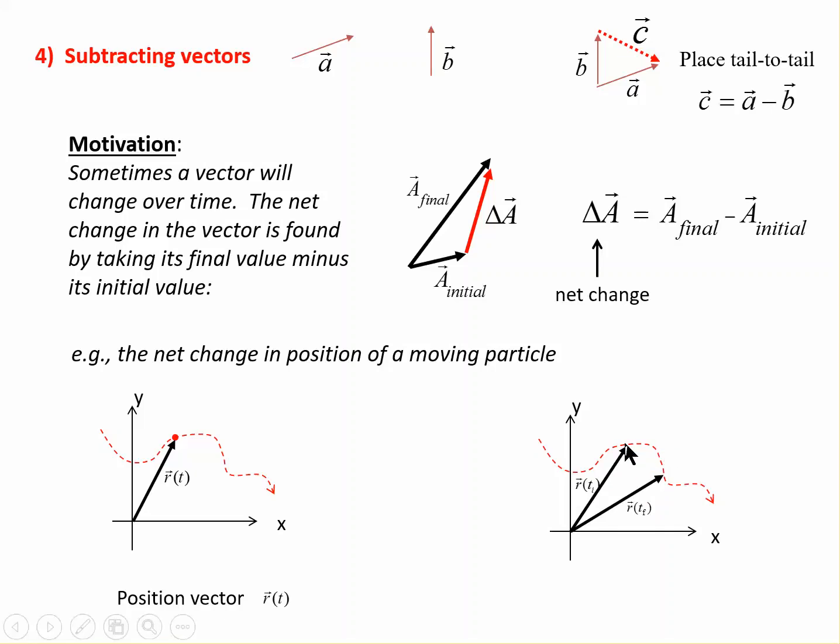The displacement represents the net change in the particle's position. I just subtract the two vectors. I take the final vector minus the initial, and that's this red vector. I called it delta r because remember delta denotes change, so delta r represents the change in the particle's position. And it's simply its final position minus its initial position. So that's another example of where we are going to find cause to subtract vectors.